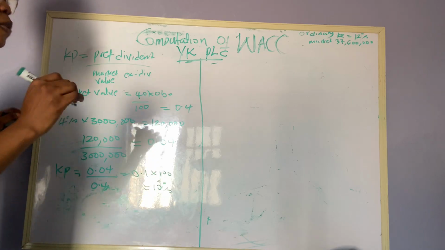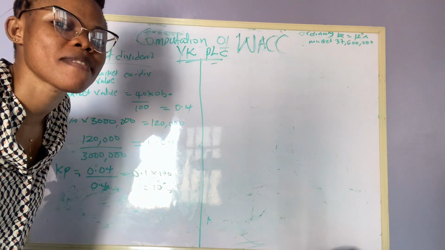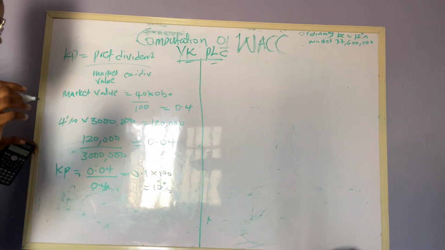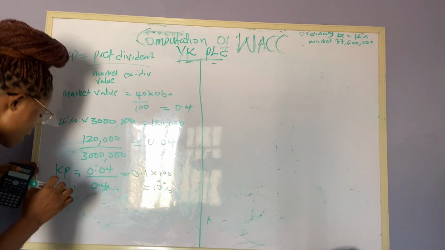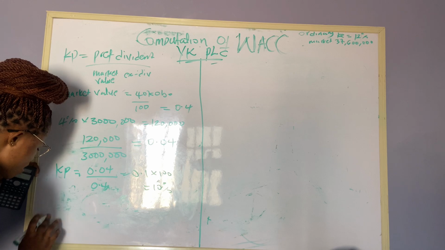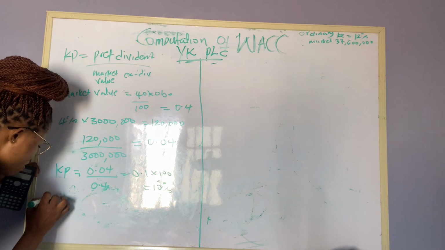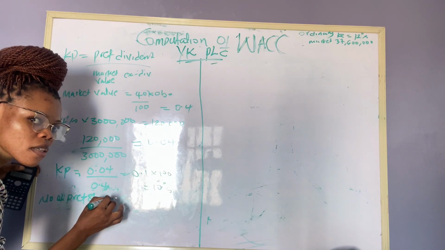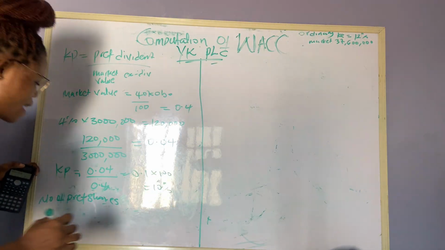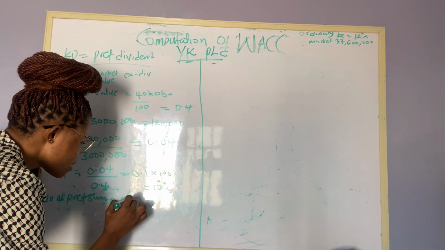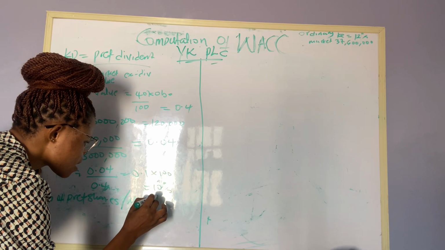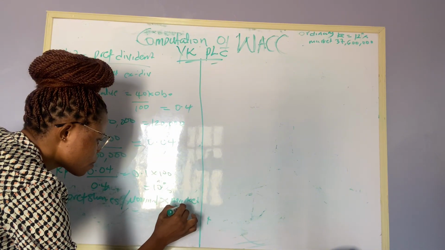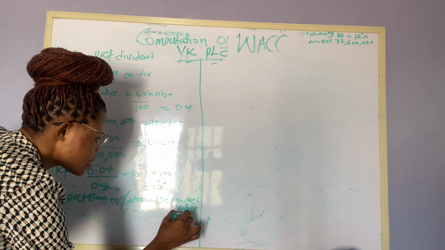That's what it means. So now we want to calculate the total market value of preference shares. The total market value of preference shares is the number of preference shares divided by the nominal value of preference shares, times the market value ex-div.